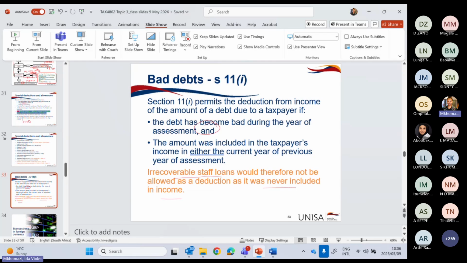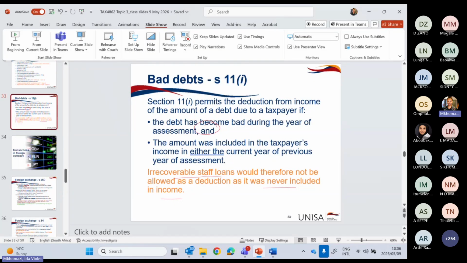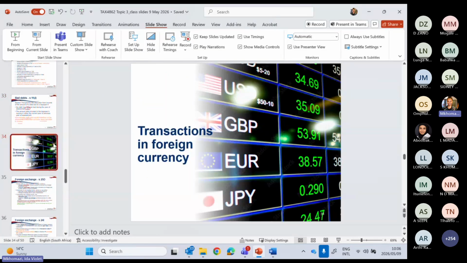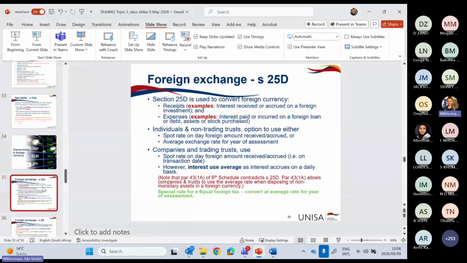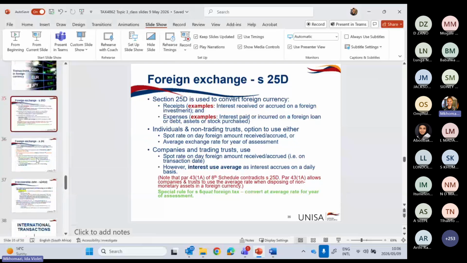Okay. Then the other thing that I quickly wanted to go through is since we have established that we have a foreign bad debt, you have to consider the provisions of Section 25D and Section 24I, right? Foreign transactions is one of those topics that is my favorite. Similar to CGT, it's a favorite topic.